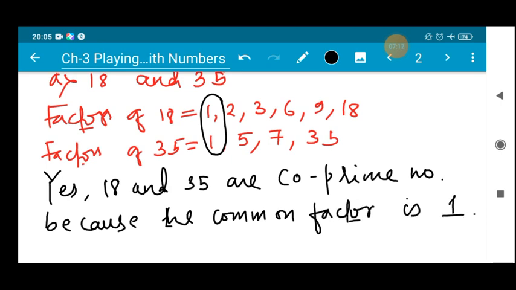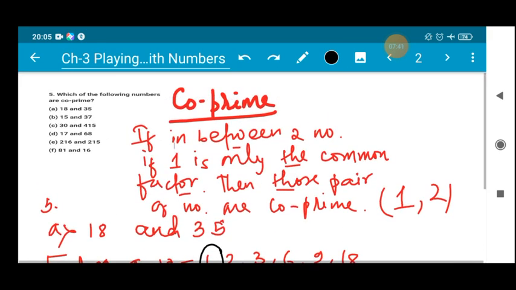If you are getting 1 as the only common factor, then that pair of numbers is co-prime. If you had a common factor other than 1, suppose 2 was a factor of 35 also, then we could not have considered 18 and 35 as co-prime numbers. All right, so let's proceed to the next one.